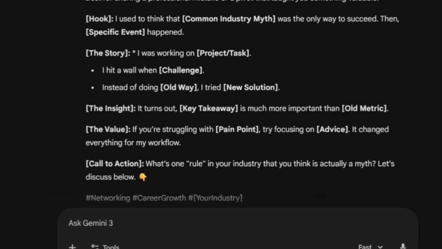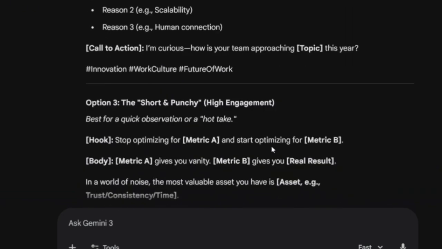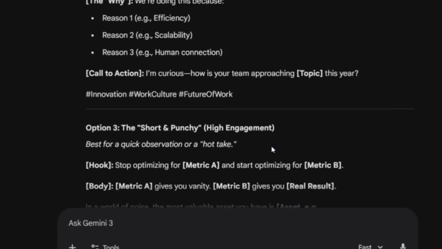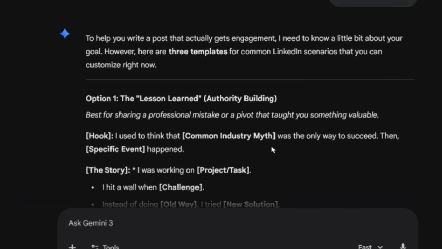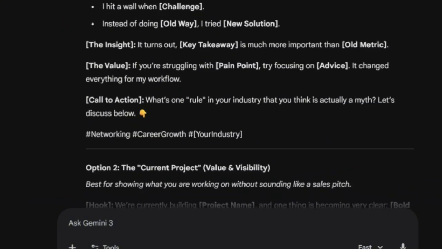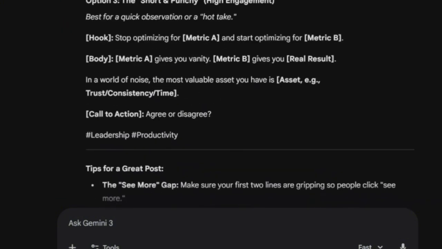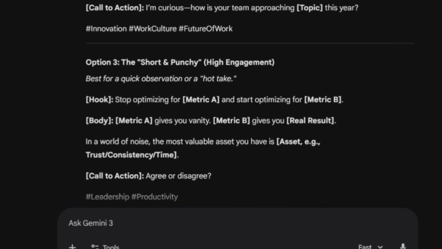Now when you look at this output, it's so generic, because Gemini has basically given us a template we can just plug and play to write a general LinkedIn post. But what we want is very specific. We're talking about online presence and why it matters to business owners. So let's run the second prompt and see how it works.